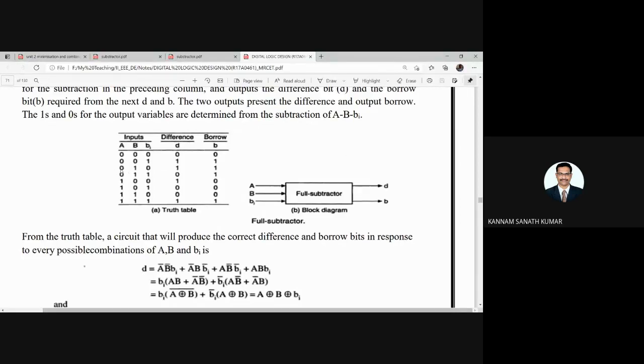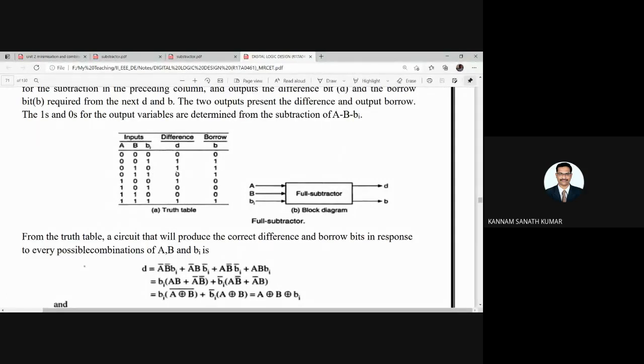And the third one, if you see 0 minus 1, you are getting the difference 1 and borrow 1. 1 minus 0, anyway, you got the borrow. That means the difference is 1 and borrow is 1. And the fourth condition, 0 minus 1 is difference 1 and borrow is 1. Again, 1 minus 1 is what?